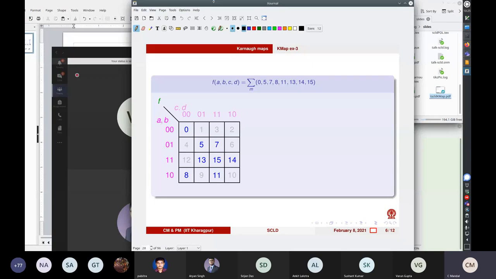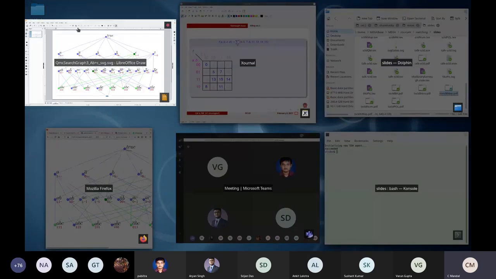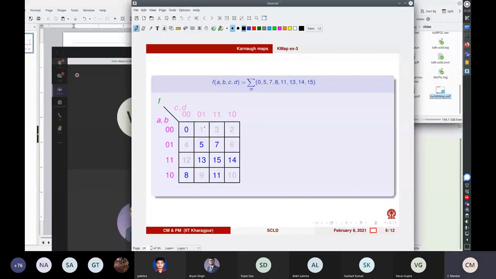You had done this in the class yesterday, I think, isn't it? 0, 5, 7, 8, 11, 13, 14, 15. So why don't you construct the Boolean lattice? How many atoms are you going to have in the Boolean lattice for this? 16.